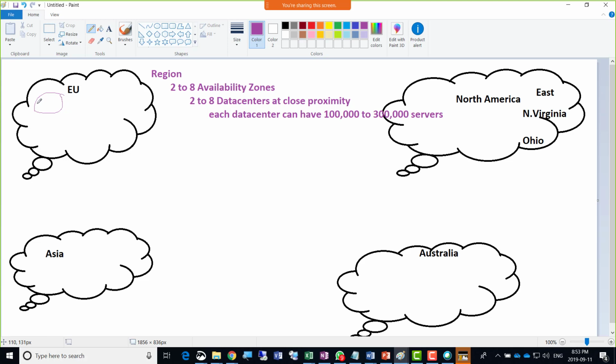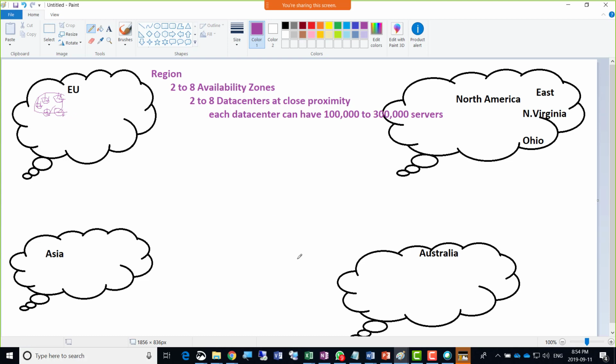So within that you will have smaller isolated physical areas called availability zones, and these are separate from each other in terms of IP addresses. They have different subnets there, and they have security parameters there, right? Within those availability zones, you will have one data center, second data center, third data center, fourth data center.